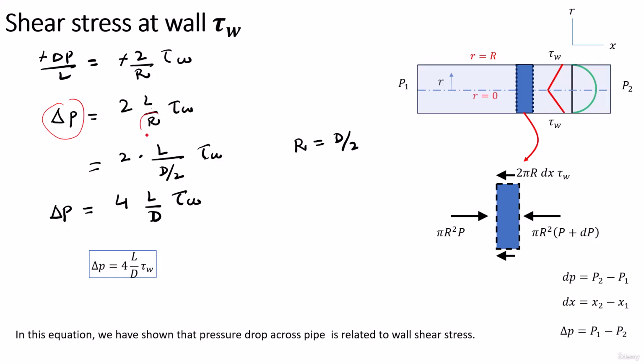And I can change the radius to the diameter by this formula: the diameter is equal to 2r, r is equal to d by 2, and this becomes 4L by d tau wall. So this is the formula. It means that if I know the pressure drop, I can find the wall shear stress. If I know the wall shear stress, I can find delta P, the pressure drop. The length and diameter of the pipe remain constant for that particular design.